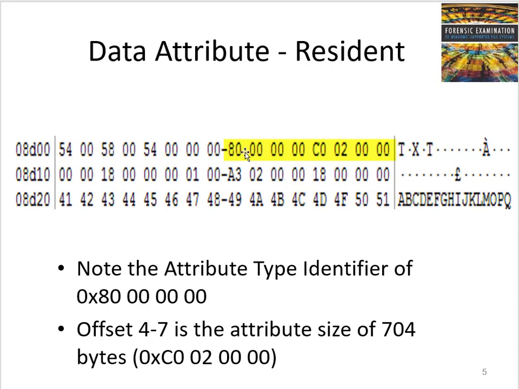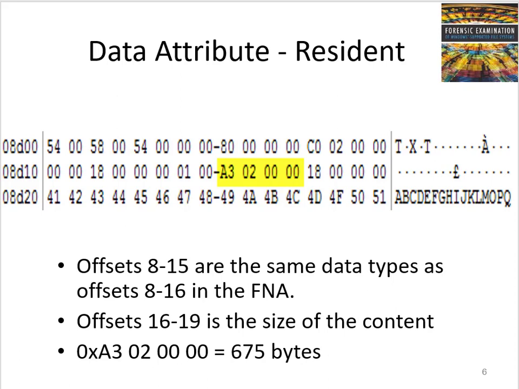So if we walk through, again, here's 80.00.00.00, and then we have the length of the 80 attribute, which is 704 bytes. Offset 8 through 15 are the same kind of data that we had in the previous attribute.